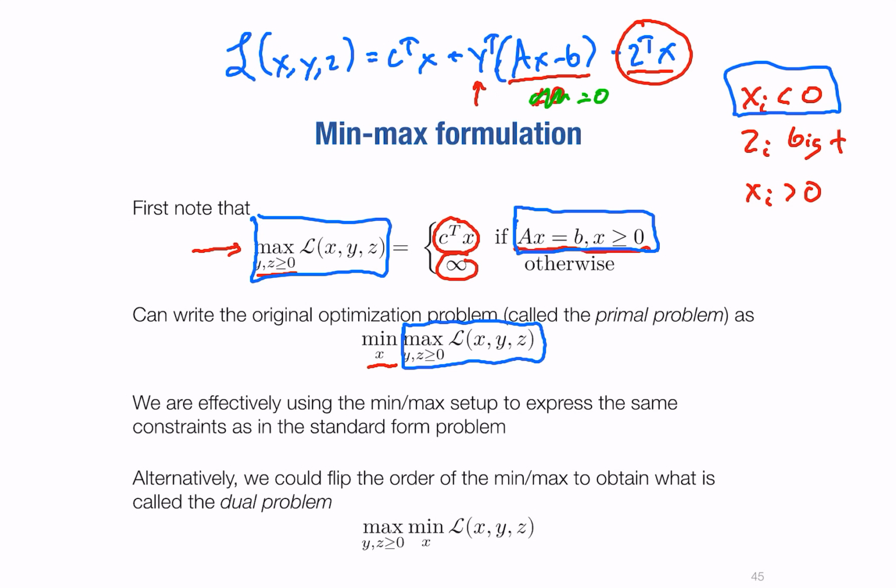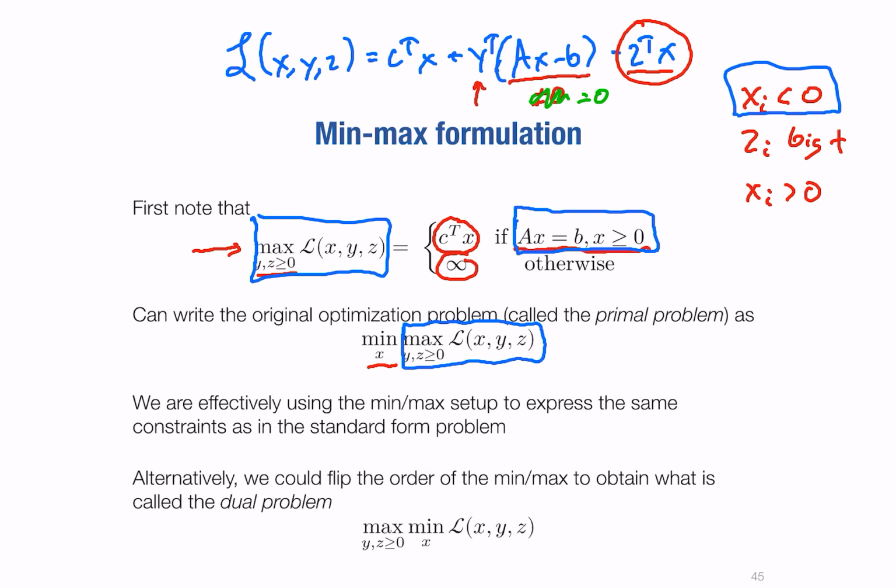It's a pure way of writing the optimization problem without writing the constraints separately, embedding the constraints into the objective itself. The thing is you have to use this min-max terminology now.